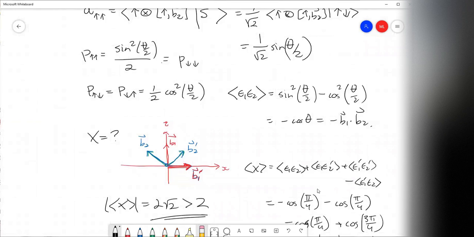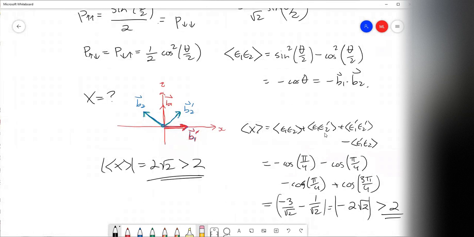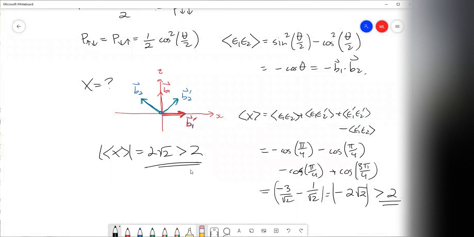And after you do that, you get something really weird that is not compatible with our logic about the values of epsilon 1 and 2 simultaneously. What we get actually violates that Bell's inequality. So you can't think about them as just having some joint distribution where you just get some random values.